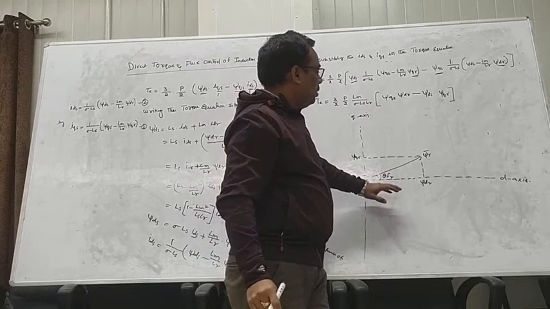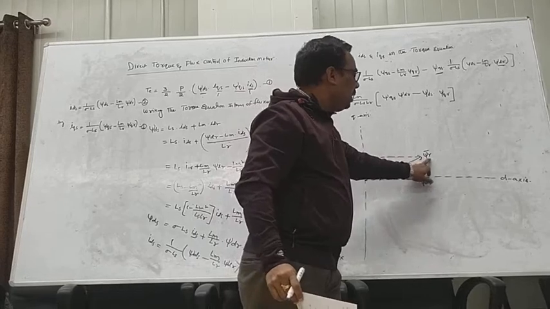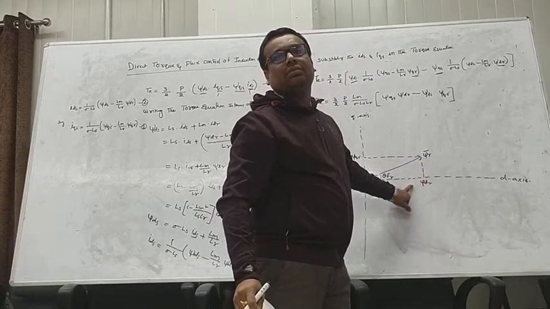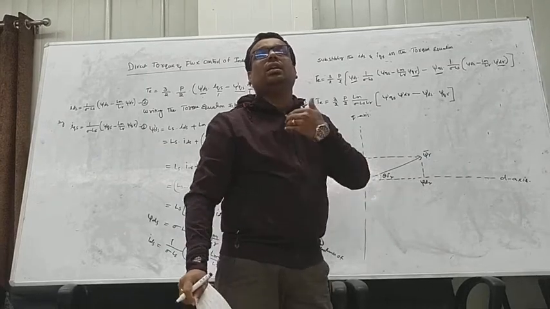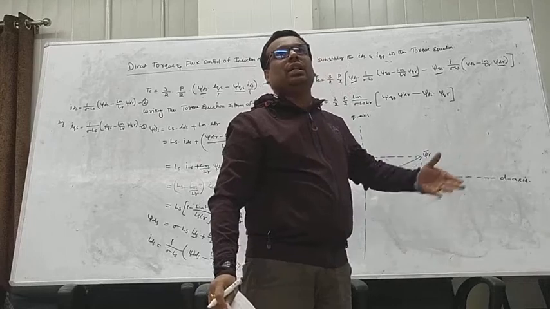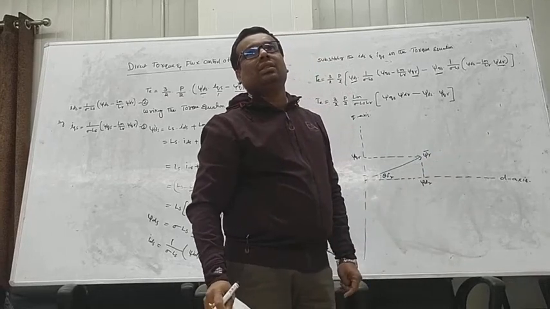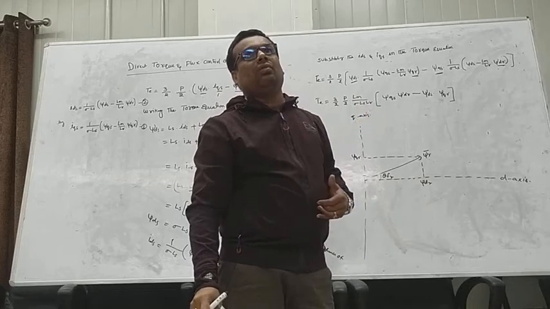So theta fr is the angle of the rotor flux vector with respect to the d-axis. How are we getting the rotor flux linkage? Definitely there is a stator flux in the stator winding, and that stator flux is creating the rotor flux.